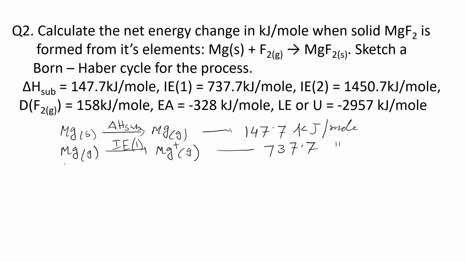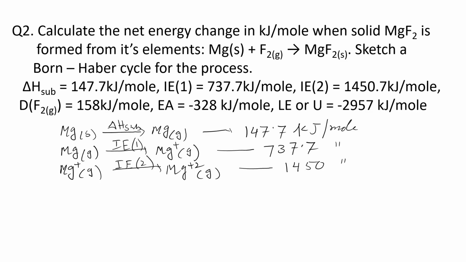Next is formation of divalent magnesium, or magnesium plus 2. So magnesium plus in gaseous form, then it is ionization energy 2, and then the formation of magnesium plus 2 gas, and the ionization 2 value is 1450 kilojoules per mole.